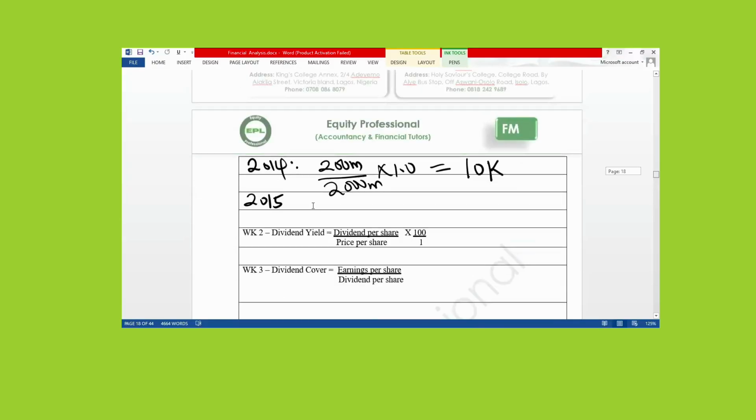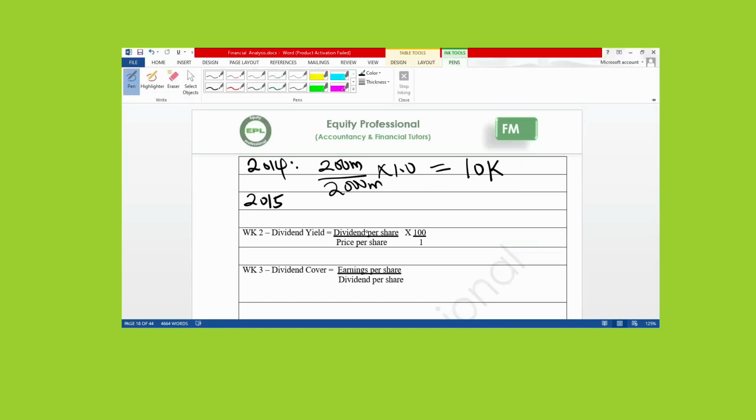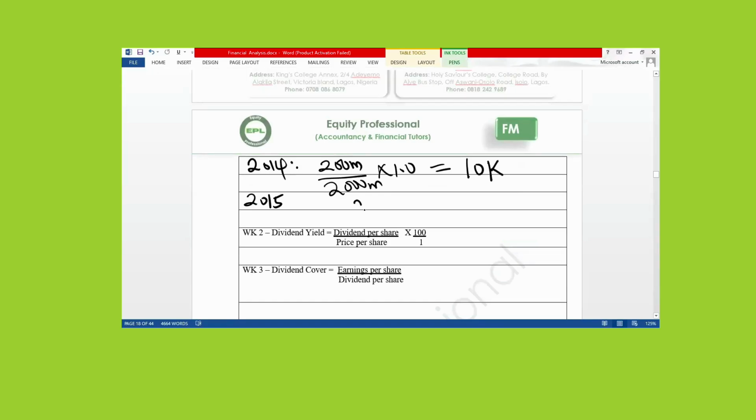Please calculate. Let's show the workings. Multiply by 100. 10.7 kobo.